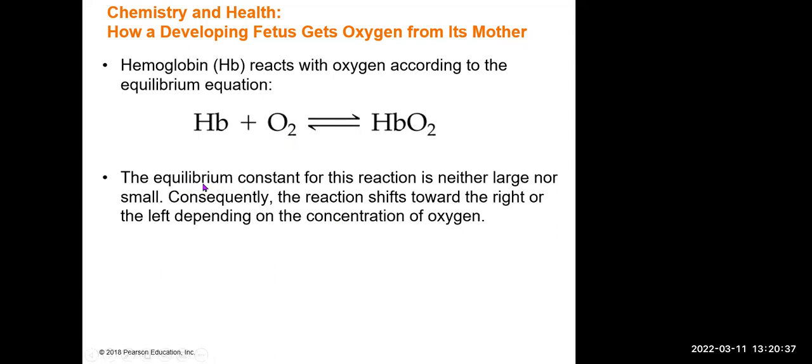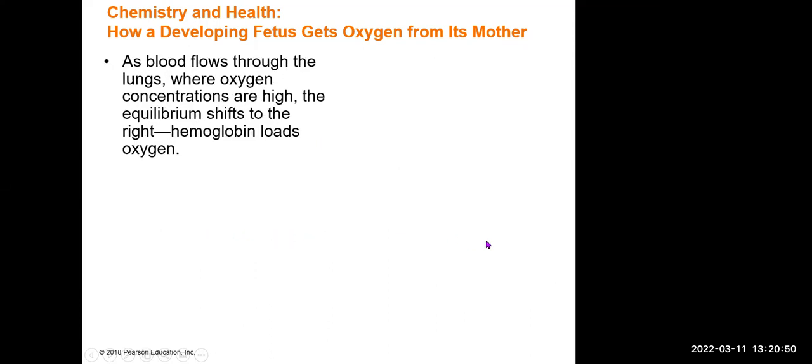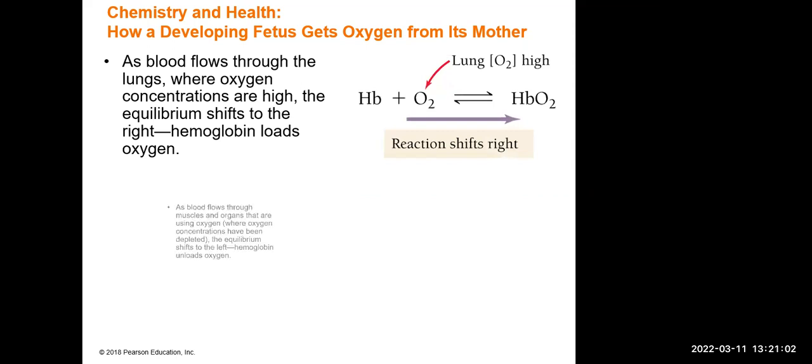The equilibrium constant for this reaction is neither large nor small. Consequently, the reaction shifts towards the right or left depending on the concentration of oxygen. As blood flows through the lungs, where oxygen concentration is high, the equilibrium shifts to the right, and hemoglobin loads oxygen.